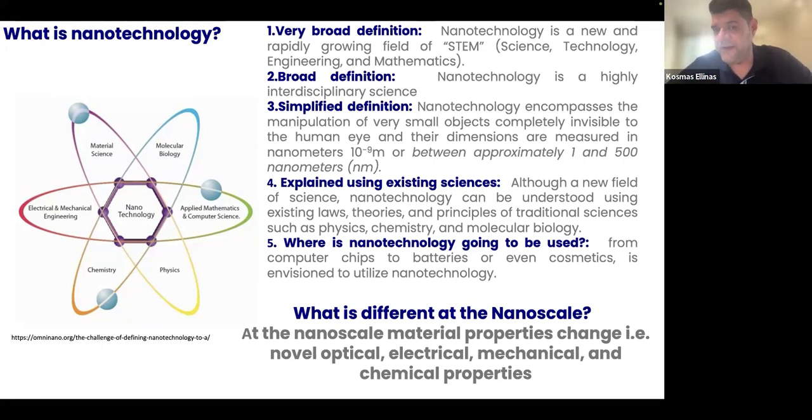The most simple definition is that if at least one dimension of a material, of an object, is between 1 and, let's say, 500 nanometers, it can be categorized as a nano object.